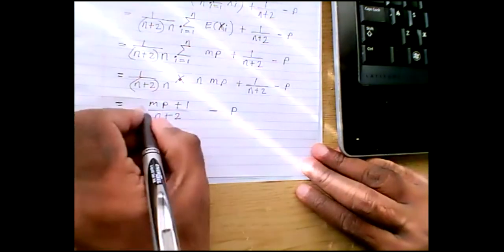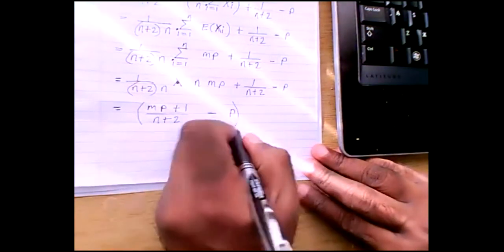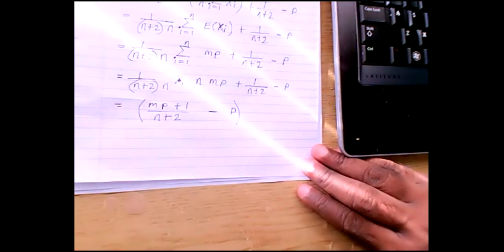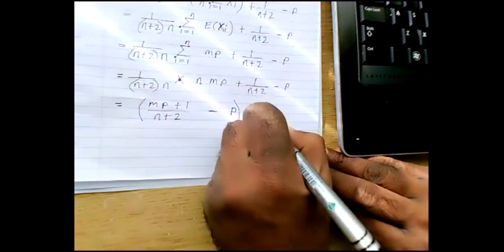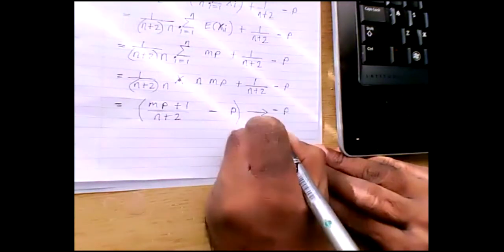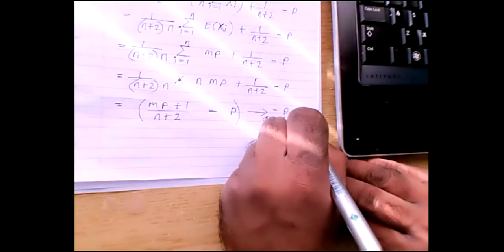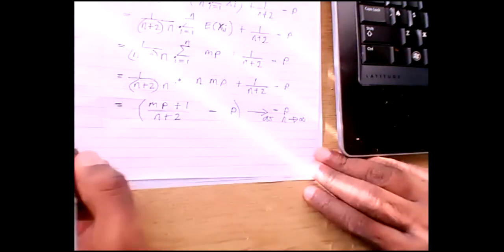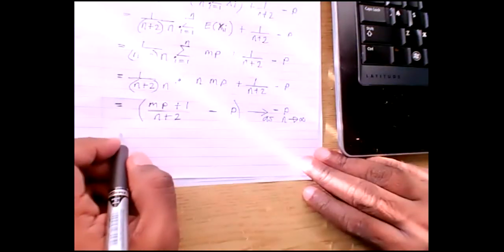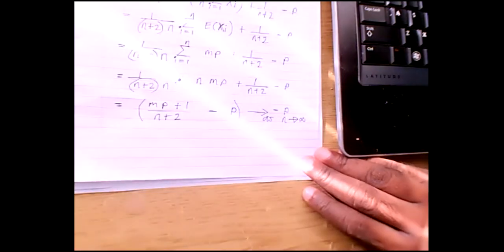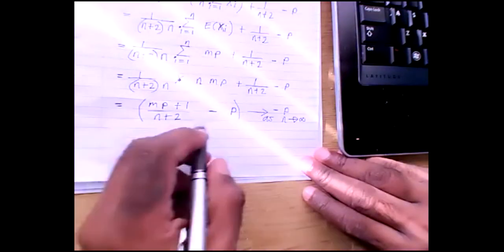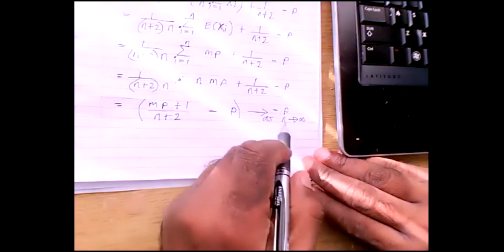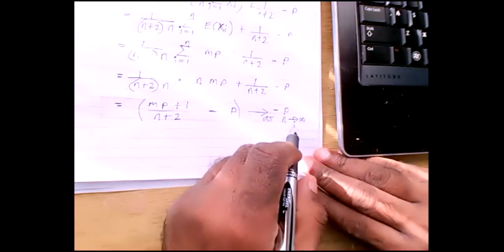Now, as n goes to infinity, this term here goes to 0. So what you have is that the bias goes to minus p as n approaches infinity. Remember the definition of asymptotic unbiasedness. An estimator is said to be asymptotically unbiased if the bias approaches 0 as n tends to infinity, which is not the case here.